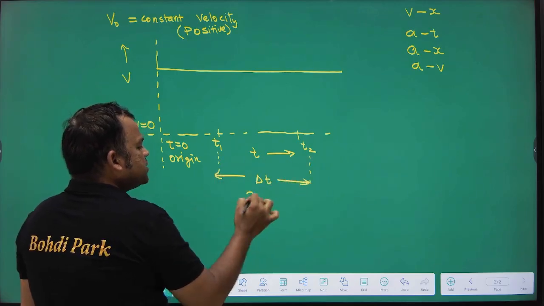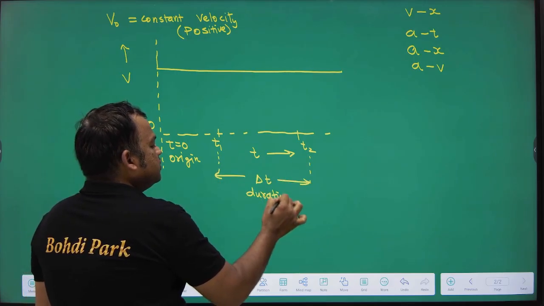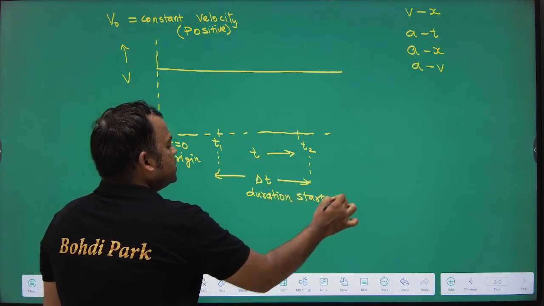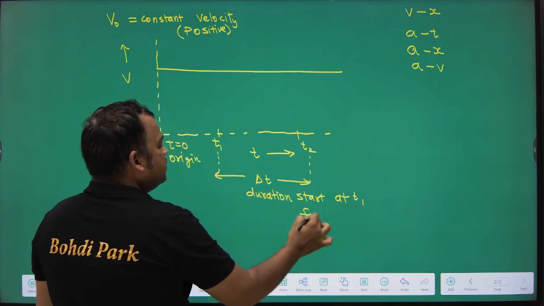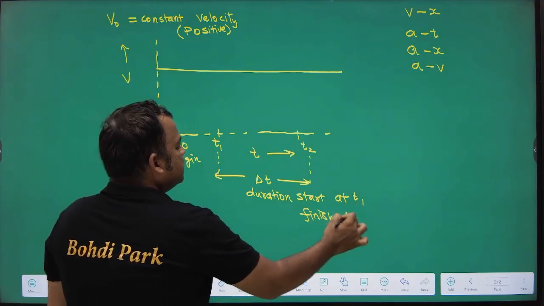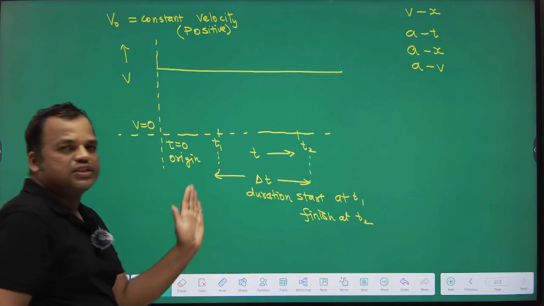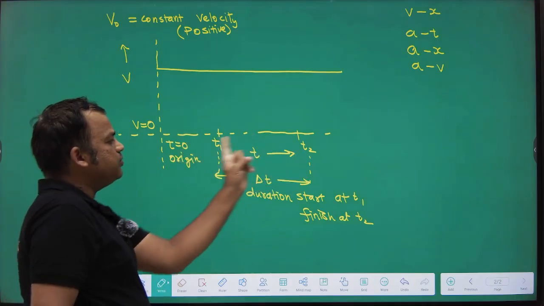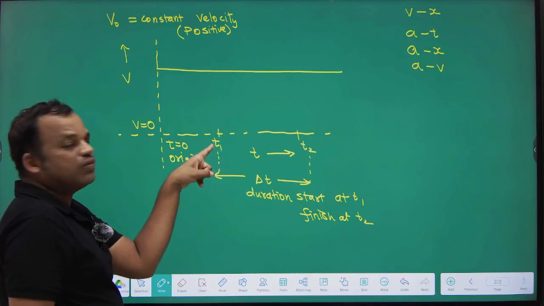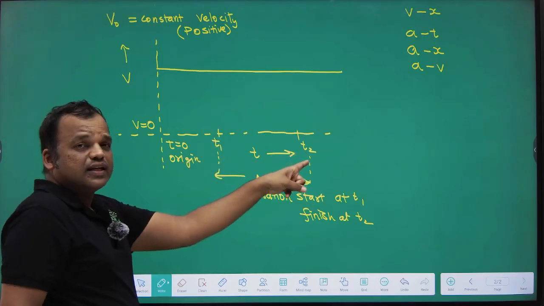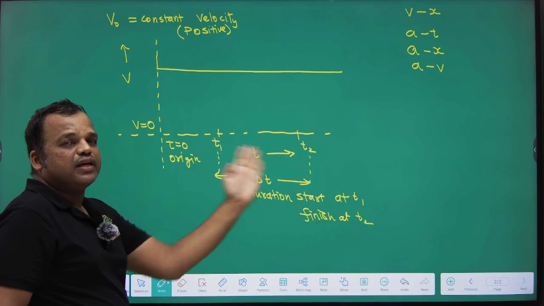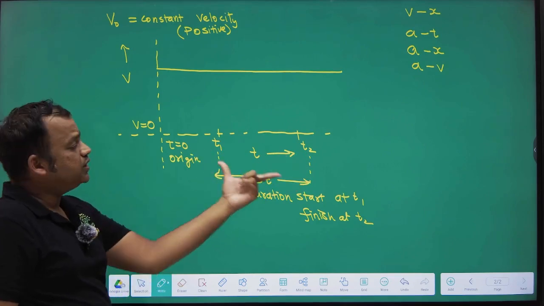The duration starts at t1 and finishes at t2. This time duration is the difference t2 minus t1. Suppose t1 is 1 second and t2 is 3 second. So the duration will be 3 minus 1, 2 second.